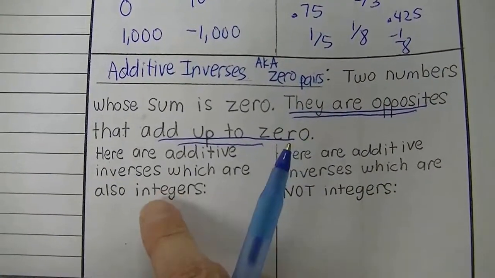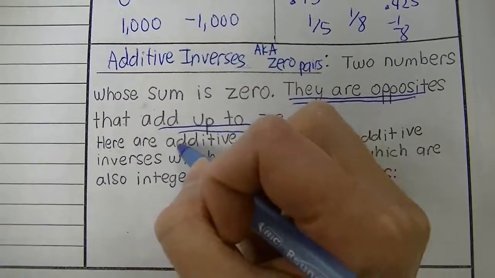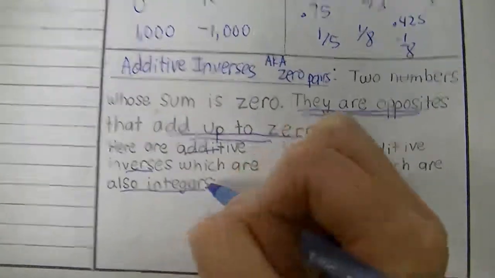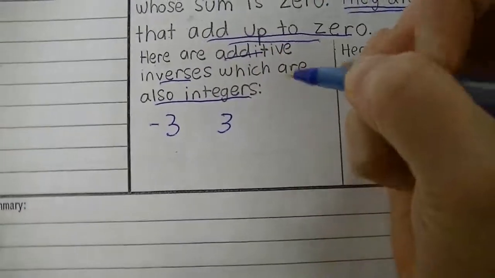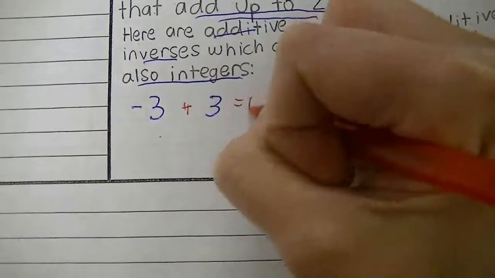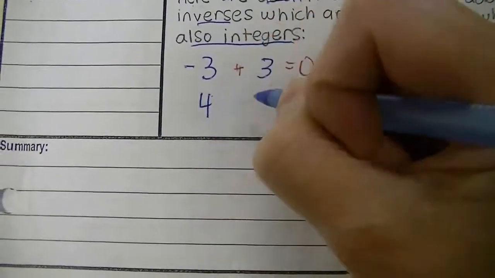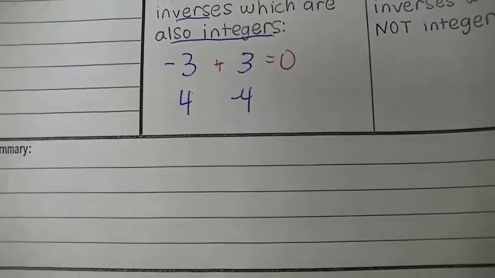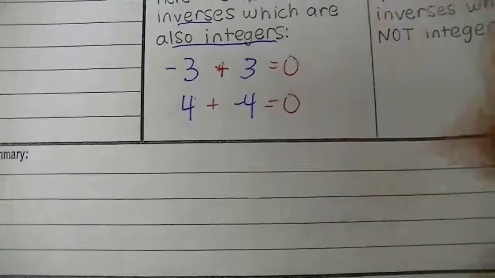Here are examples of additive inverses which are also integers. So we have -3 and 3, because when you add them together, their sum is 0. Other examples of additive inverses could be 4 and -4, because when you add them together, their sum is 0.